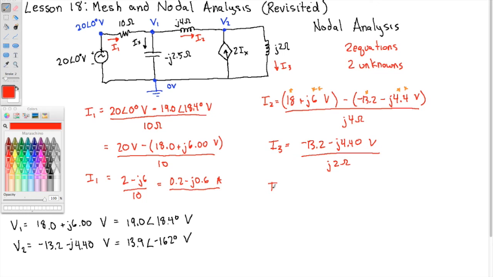IX is V1 minus 0 over minus J2.5 ohms. So this is 18.0 plus J6.00 volts over minus J2.5 ohms. Carry out the division, you've got IX. Then once you do that, you've also got this branch current right here from the dependent source. So you've got all of the voltages, you've got all of the currents, you've completely solved the circuit.